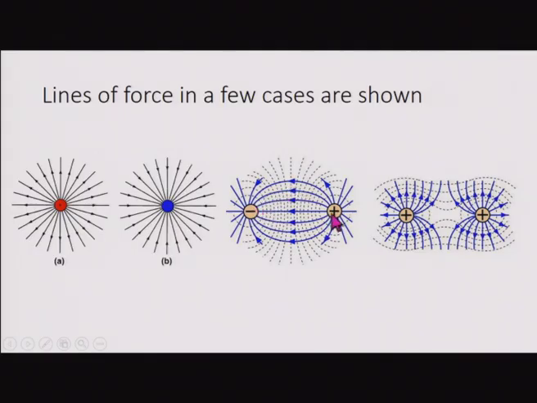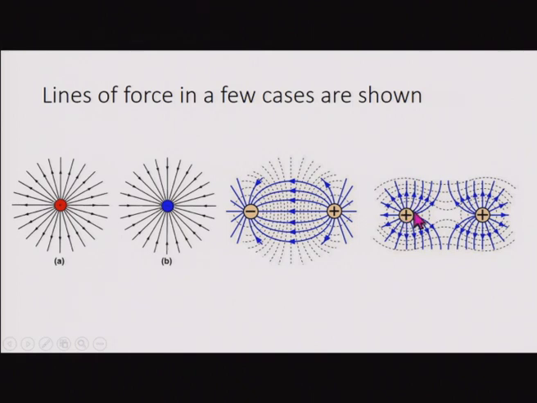That means the starting point of the electric lines of force is at the positive charge, and the end point is at the negative charge. All of these are shown with arrow marks. So this is what the electric lines of force look like in the case of positive and negative charges.